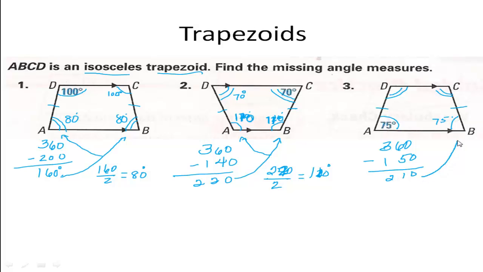That 210 is the one I'm going to share amongst the top angles, amongst that one and that one. They have to be shared evenly because they're equal. So I take 210 and I divide it into 2 equal parts, so each one gets 105. So this is equal to 105, and this one is equal to 105 degrees. Okay, and there you have it.